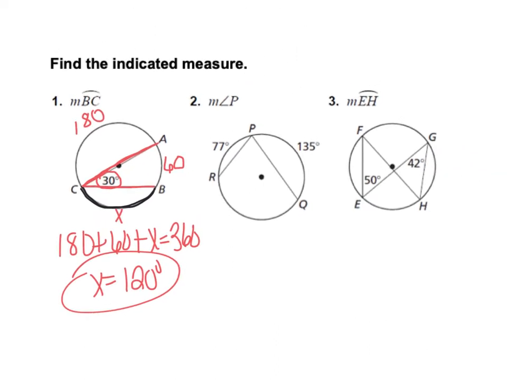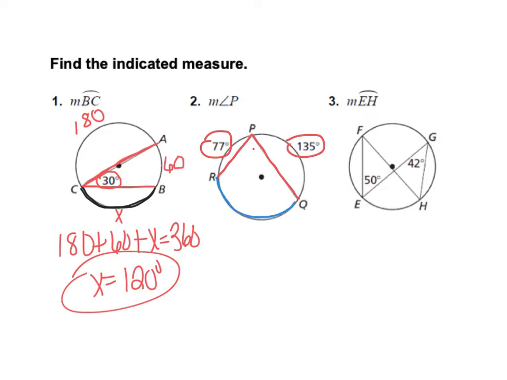Okay, so let's take a look. We want to know the measure of angle P. I don't have a diameter, but I do have a 77 degree arc and a 135 degree arc. If I find the measure of this arc right here, that completes the circle.